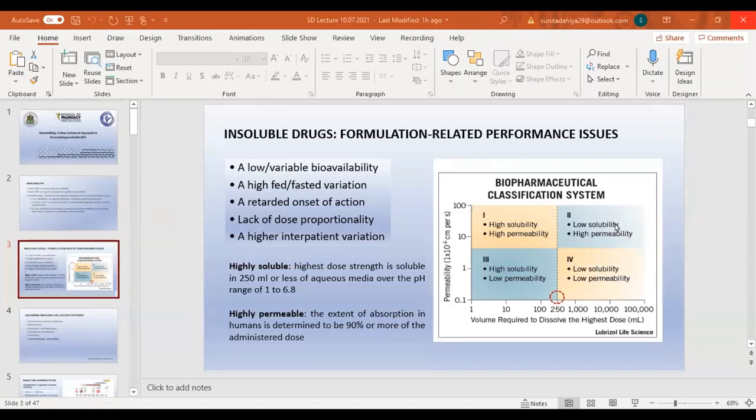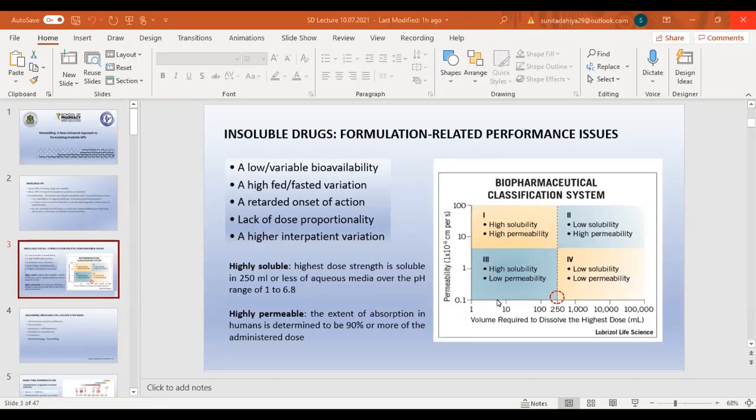So based on the pharmaceutical approaches, we must try something so that the low solubility of the drug can be enhanced, can be improved. We have to use some formulation approaches so that we do not alter the chemical structure of the drug, but at the same time, we can have better solubility and therefore better dissolution and ultimately better absorption and bioavailability from such problematic drugs.